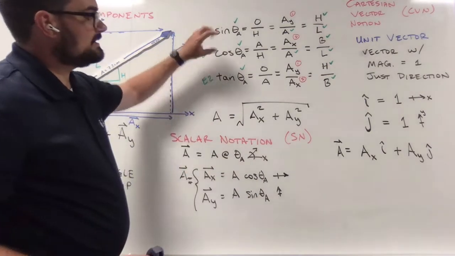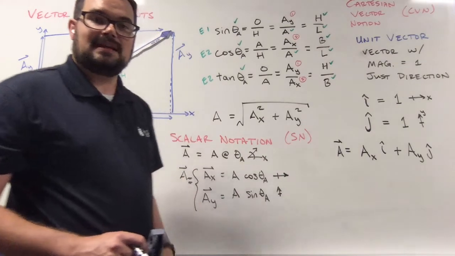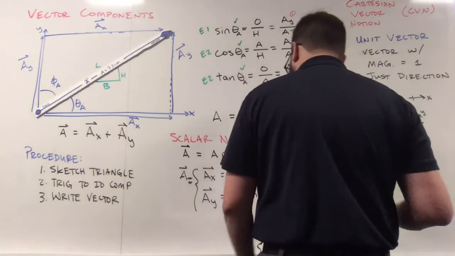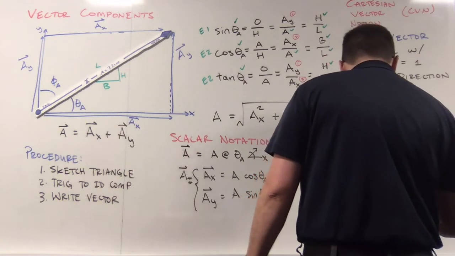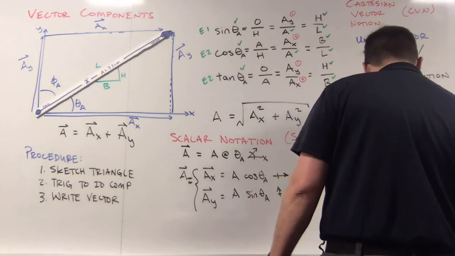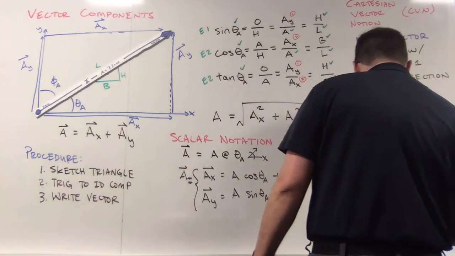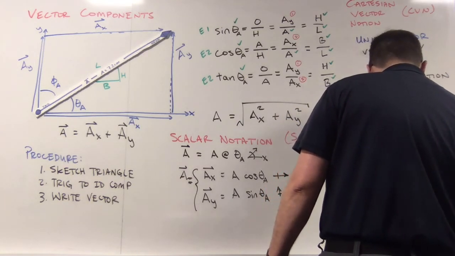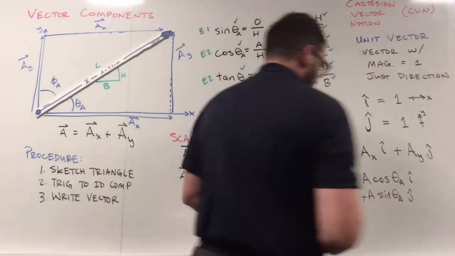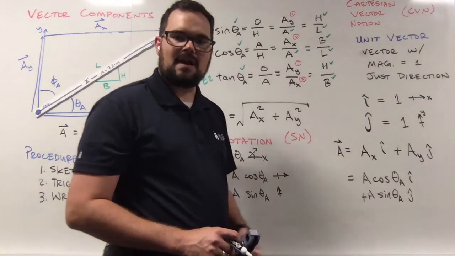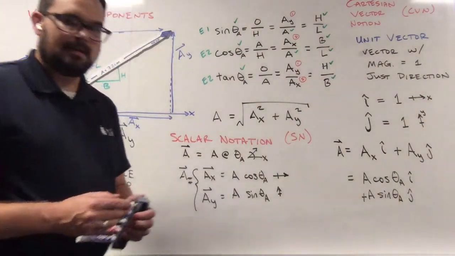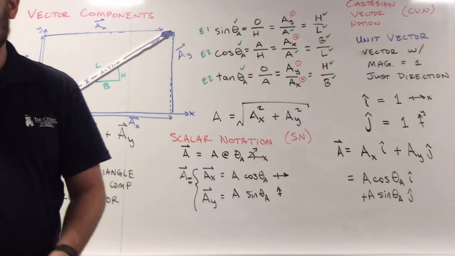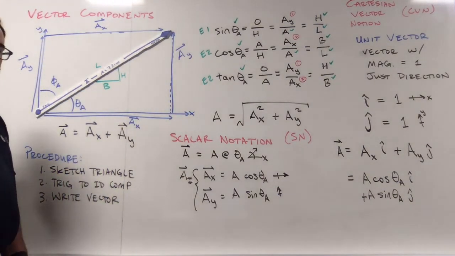Or I could use sines and cosines to write this in a more verbose form, where we would say that A cosine theta A in the i plus A sine theta A in the j is equal to my vector A. And I've got a little line wrapping going on here. All right, so that is breaking our vector into its components.